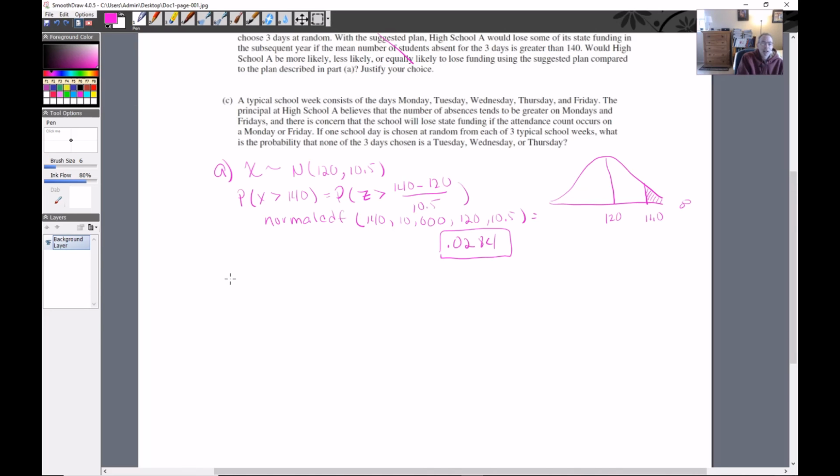We're not ready for B, so let me get rid of that. We're doing C. Let's say probability, and I'm going to abbreviate this, just for a week. So for a week, it's not all 3. The probability that it's not Tuesday, Wednesday, or Thursday.